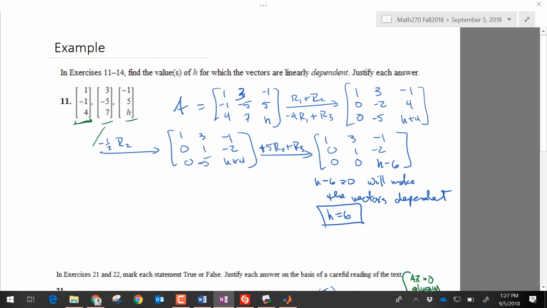And I could take this vector and write it as a linear combination of the other. So that's true?